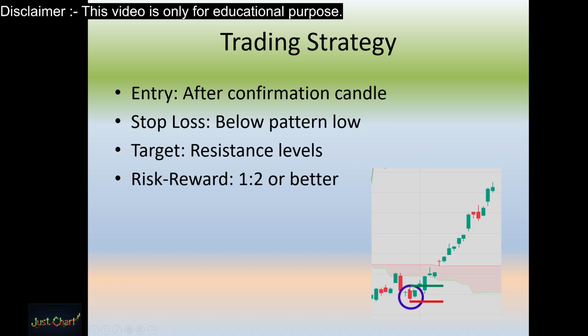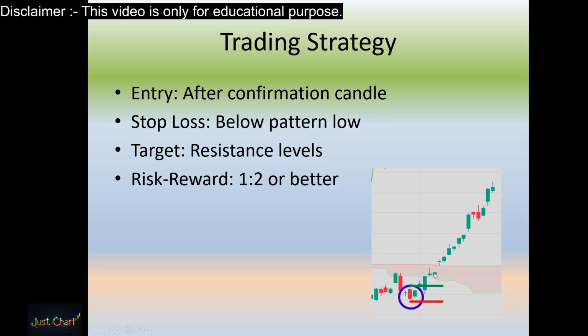Trading strategy. Once the price closes above this resistance level, we should think that the direction has changed, and that is the confirmation that we can enter the upward trend.